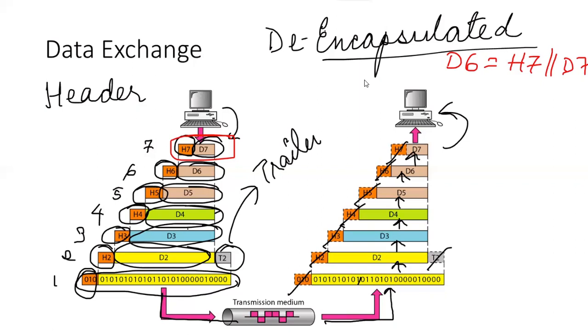Then a postage stamp must be stuck. Okay. Those are not contents of the letter, but those are additional information which will help in the transmission. So all these headers and trailers that are added by the different layers assist in the proper transmission of the data D7 from the sender to the receiver.